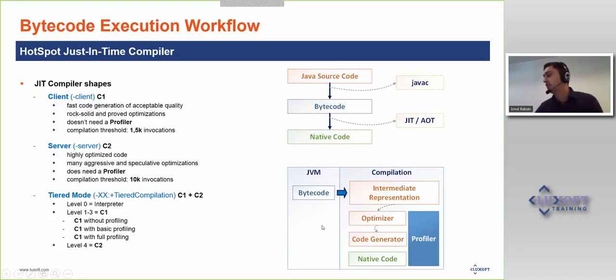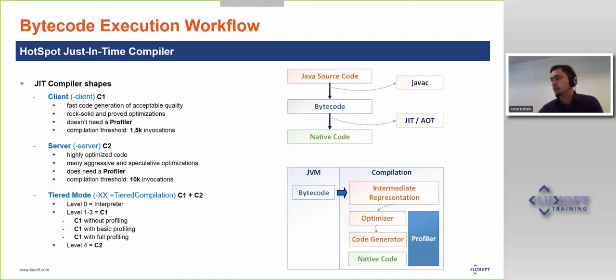Here in this diagram, we have the process that we discussed. We have the bytecode, and we have the profiler, which profiles the native code in order to improve it. We have the optimizer, and here is one important thing: in this process of moving from bytecode into native code, we have an intermediate representation of the bytecode.